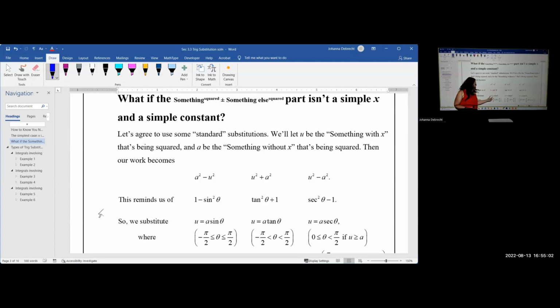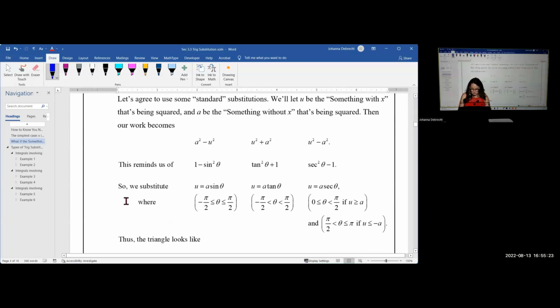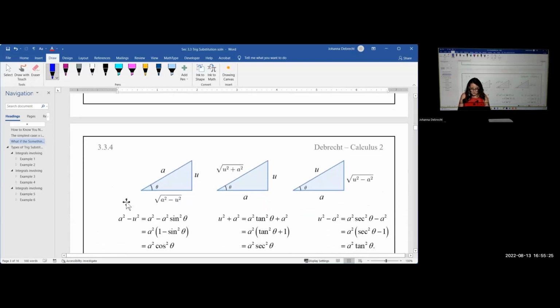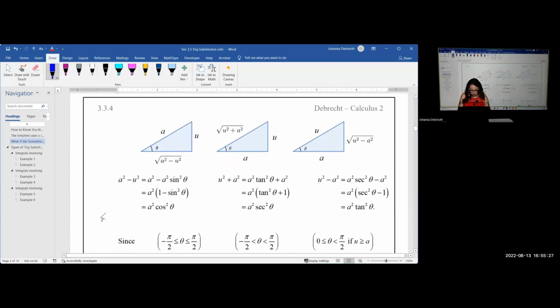So if u is 2x, then this is 2x equals a sine theta, or 2x equals a tangent of theta. Now remember that this is a squared, so we'll have to take the square root of this to get a, right? We have the same relationship on the angles, so we're going to have the same issue with that third one that we had before. Now this is what our triangles are going to look like.